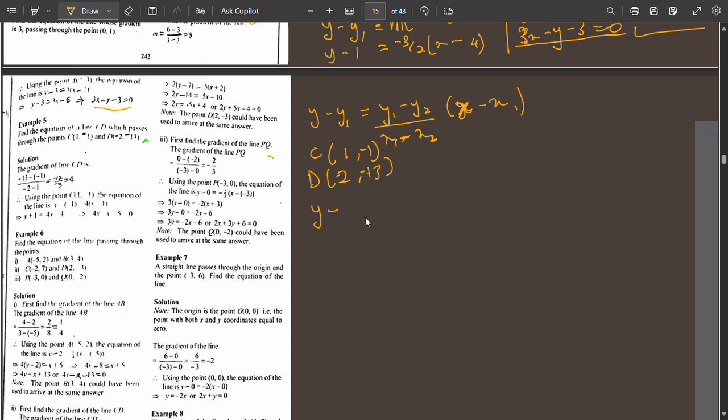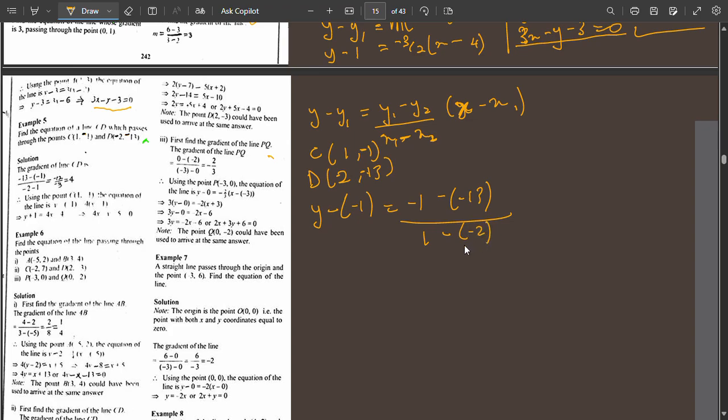So y minus y1. What's y1 from these points? It's minus 1. So y minus minus 1 is equal to y1, which is minus 1, minus y2, and y2 is minus 13, over x1 minus x2. x1 is 1, and x2 is minus 2.